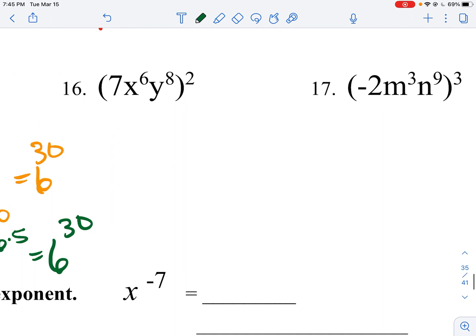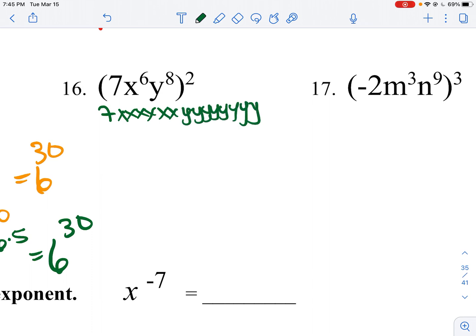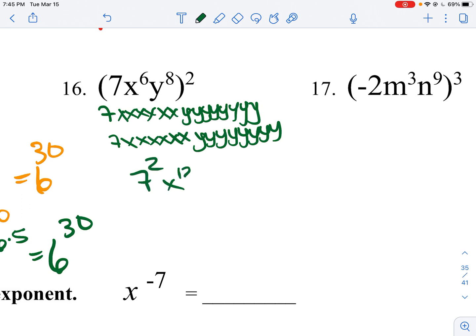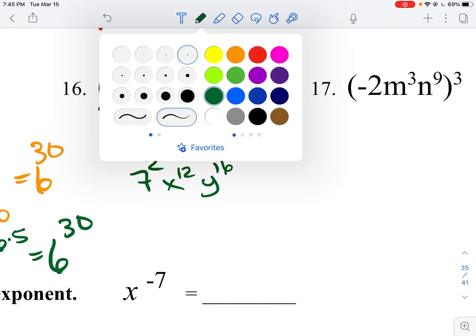Okay, next. This one. This is again not division. 7 to the 2nd power, x to the 12th power, y to the 16th power.